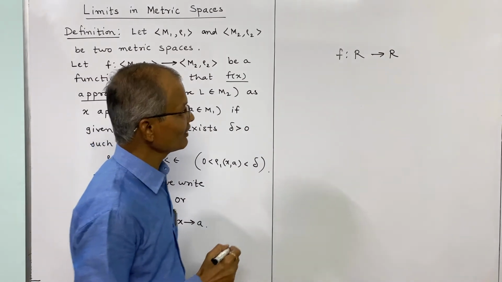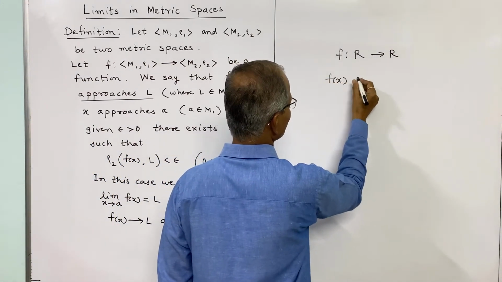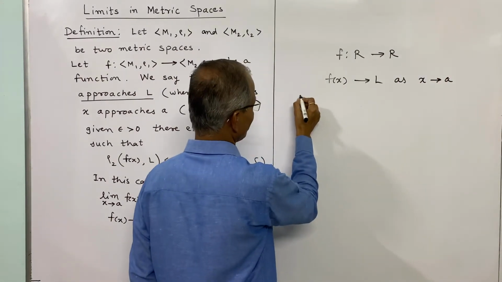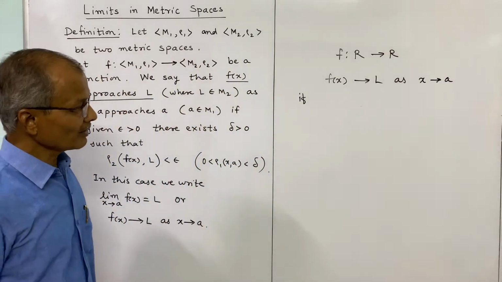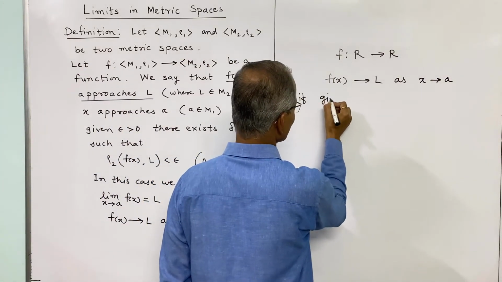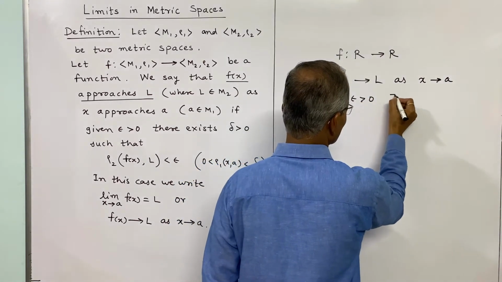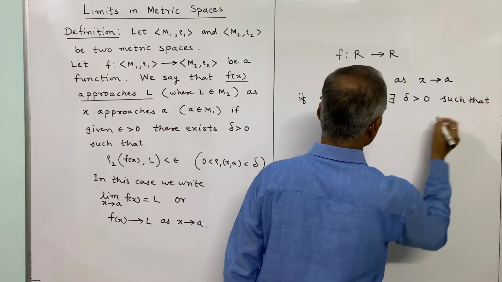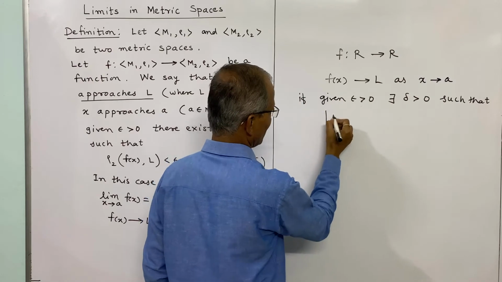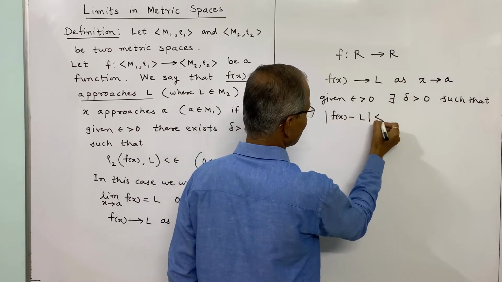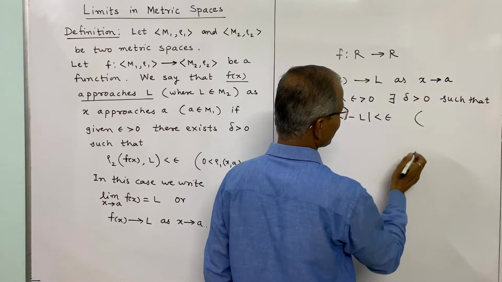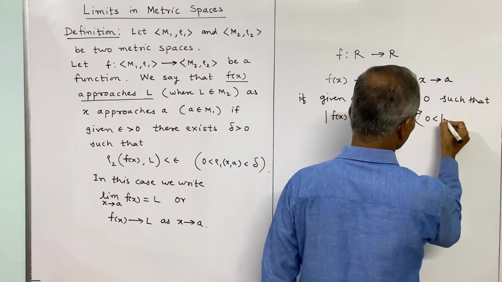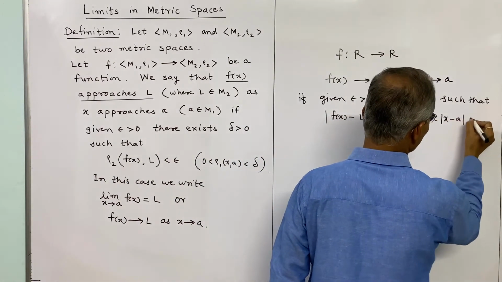Suppose the limit is L, then we may say f(x) approaches L as x approaches A, if for given epsilon greater than 0, there exists delta greater than 0 such that the absolute difference f(x) minus L is less than epsilon whenever 0 is less than the absolute difference of x and A is less than delta.